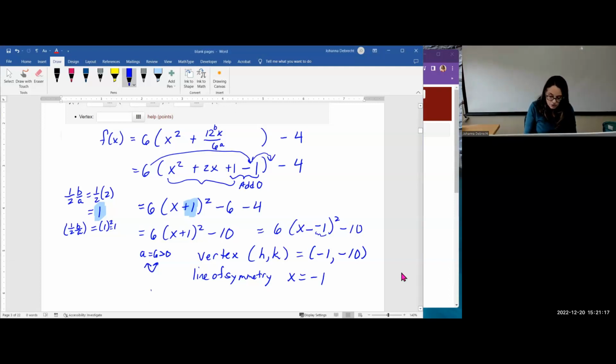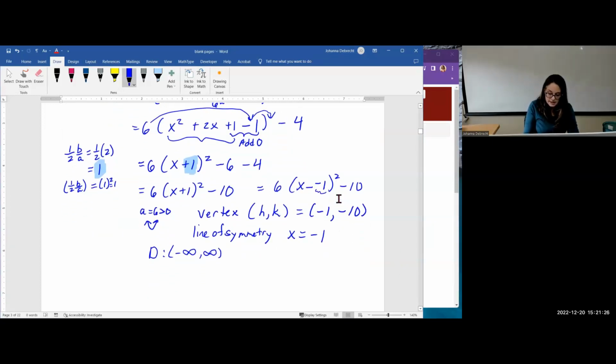And so we know that our domain is again going to be all the real numbers from -infinity to infinity. But our range, because it opens up, is going to start at the y coordinate of the vertex, -10, and go up, which would be towards positive infinity. So we have -10, infinity. Let's take a look at the next problem.